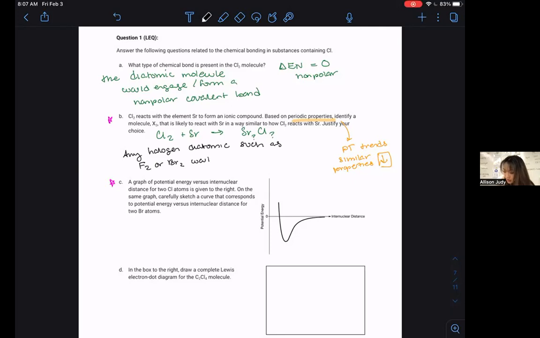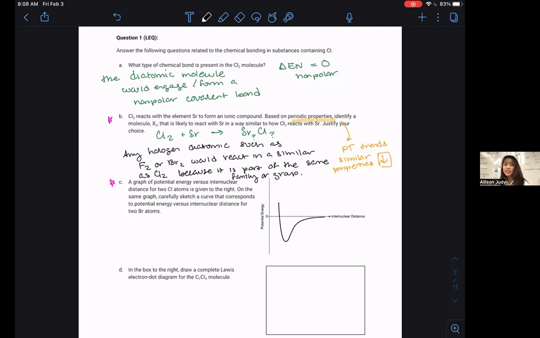It would react in a similar way as diatomic chlorine because it is part of the same family or group.